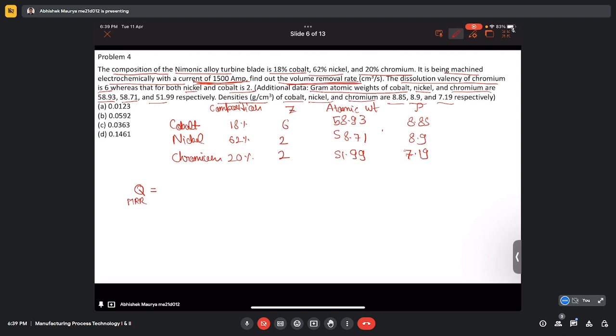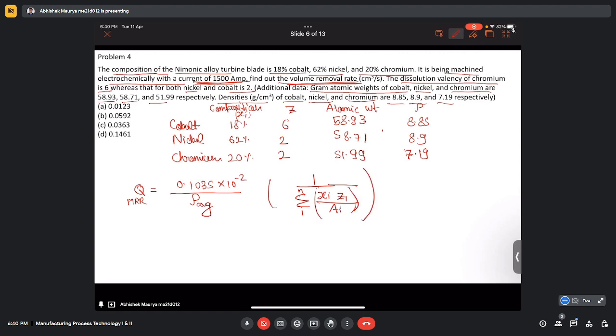It is given by 0.1035 times 10 to the power minus 2 divided by the average density of the alloy, times 1 divided by the summation of Xi, which is nothing but composition, times Zi, valency, upon atomic weight.